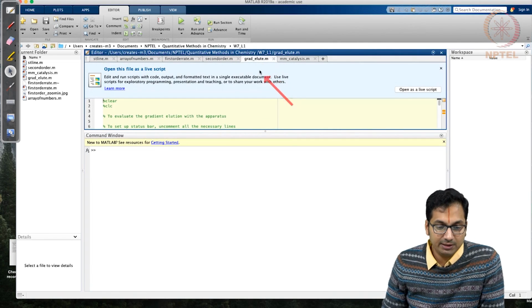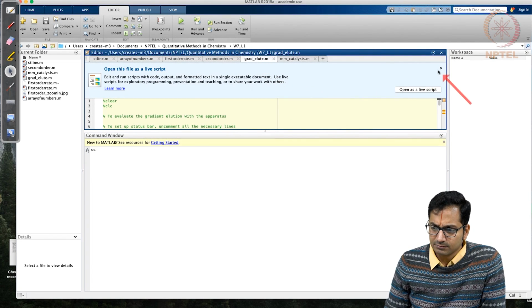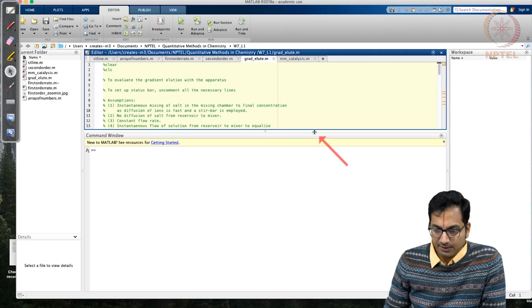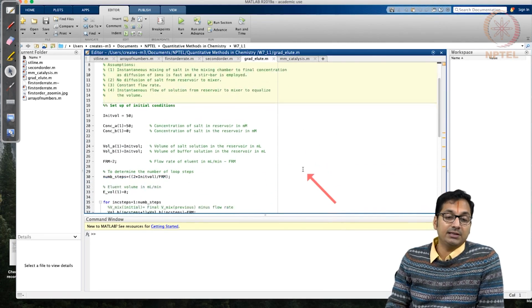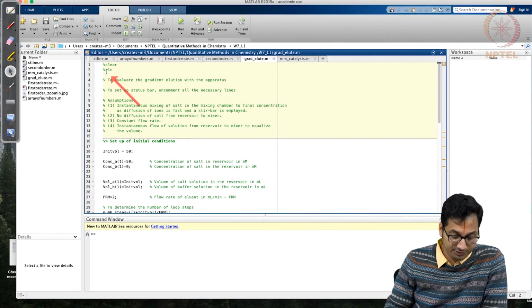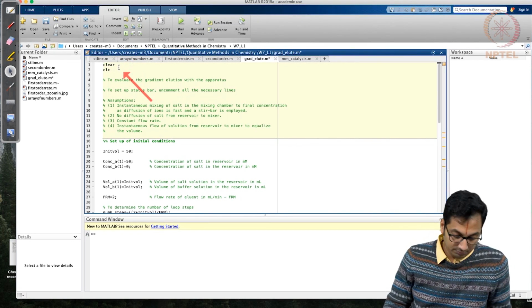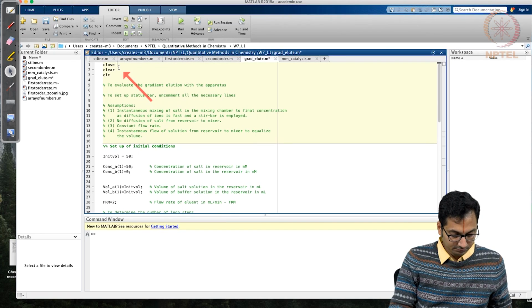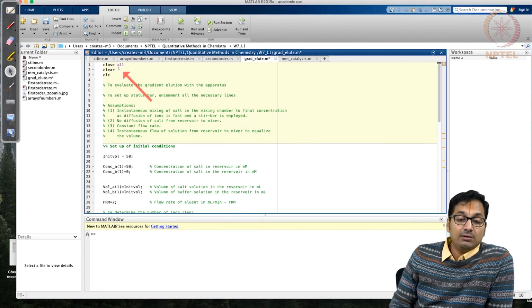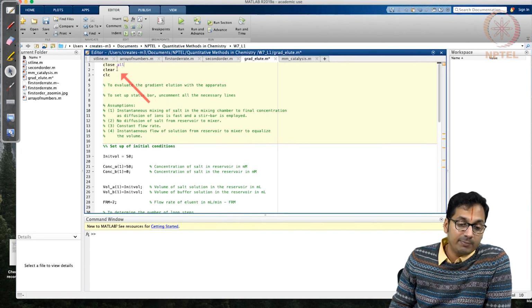So let me open the gradient elution simulation. If you notice, this simulation is written with a lot of inputs and information as comments. You'll always start with close all, so as to close any figures that might have been opened.